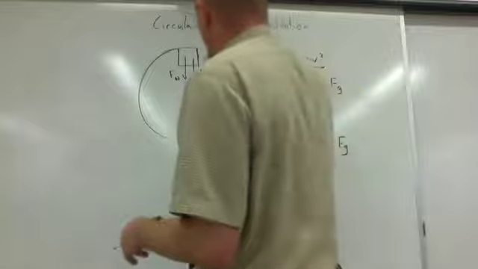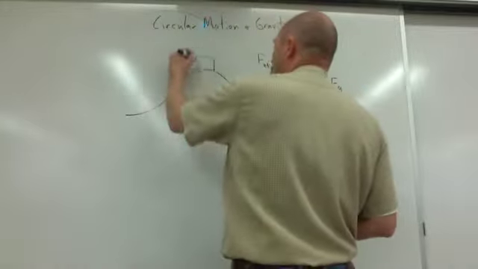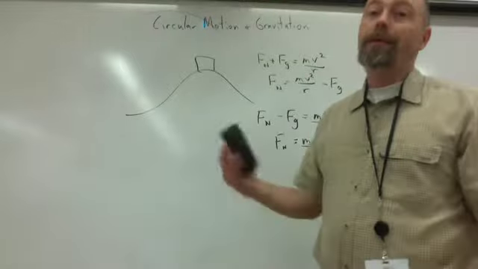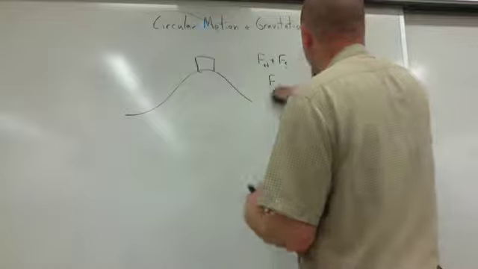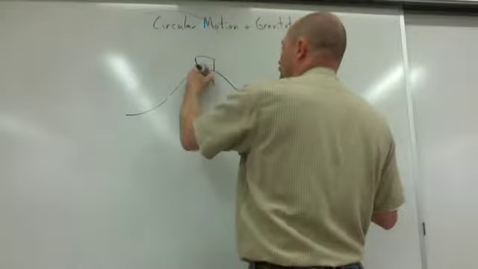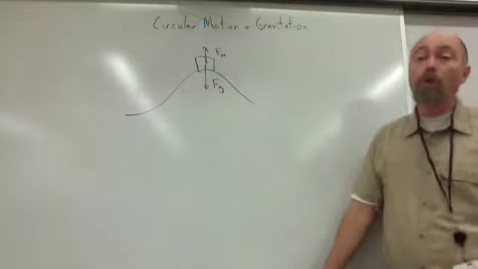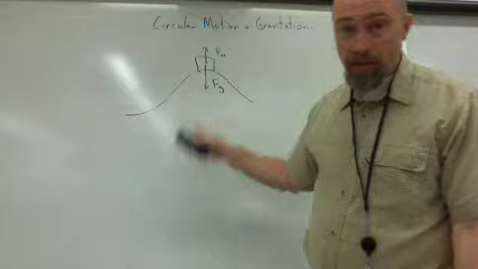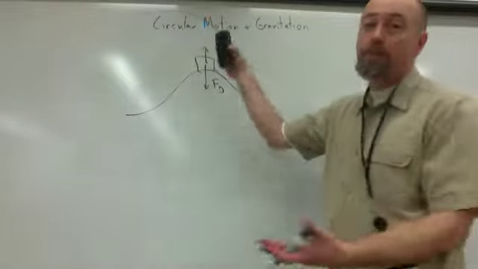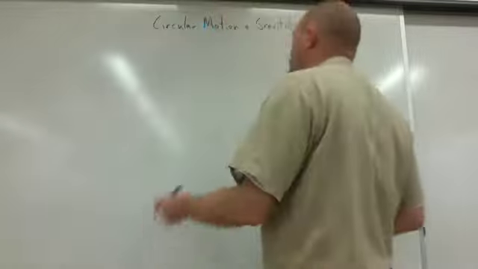And here's what I mean by that, guys. If I have a car going over a hill, now it's a different Fn, it's a different Fg. In this case, if you draw your free body diagram, I have Fg, I have Fn, and oh wait a second, if it's going over the hill, down is towards the middle of my circle. So then it would have to be Fg minus Fn equals Fa or Fc.